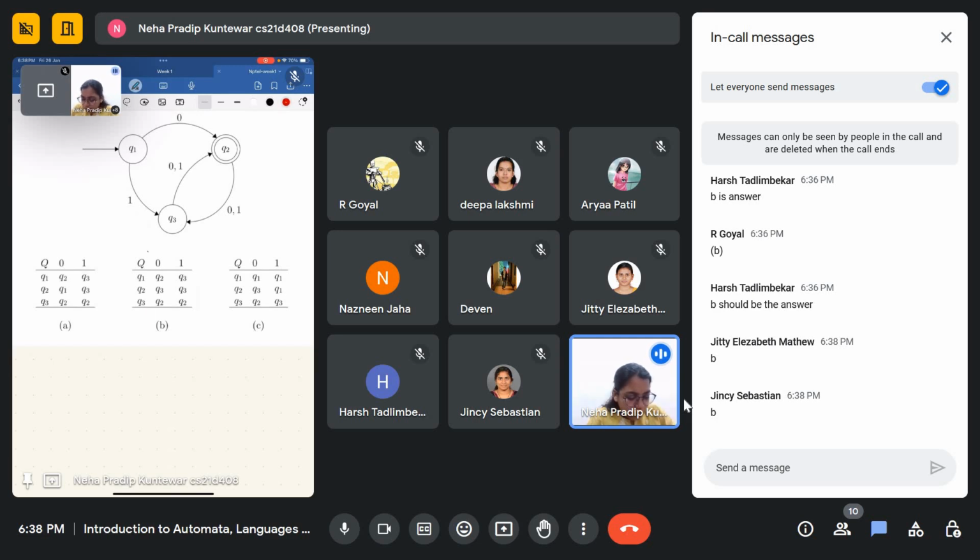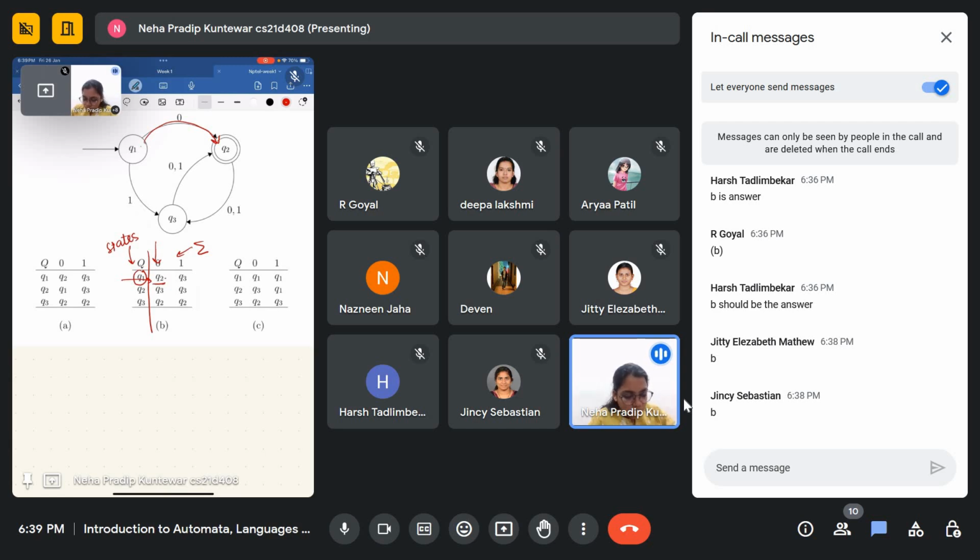So basically you have the set of states in the columns and the alphabet in the rows. If you are in state q1 and you read a 0, then you reach q2.